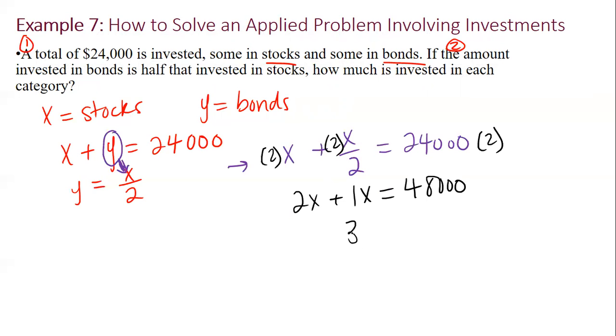Combine like terms gives me 3x equals 48,000. And then lastly, isolate my variable. What is 48,000 divided by 3?